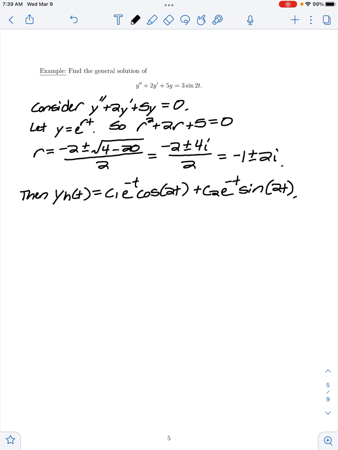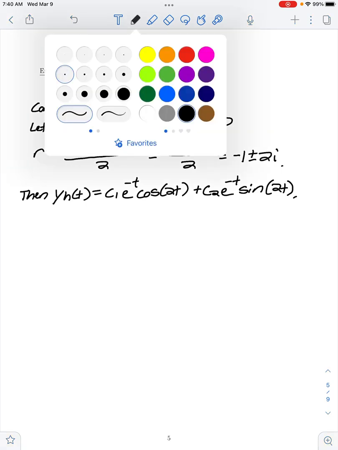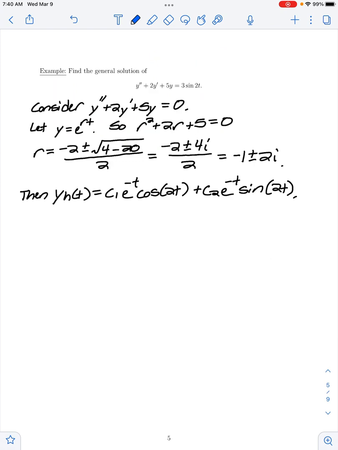Now our next step is to find some particular solution of the non-homogeneous equation, and we need to make an assumption about the form of our particular solution, which we've been doing by looking at the form of our g of t function on the right-hand side. Here, g of t is 3 times sine of 2t.